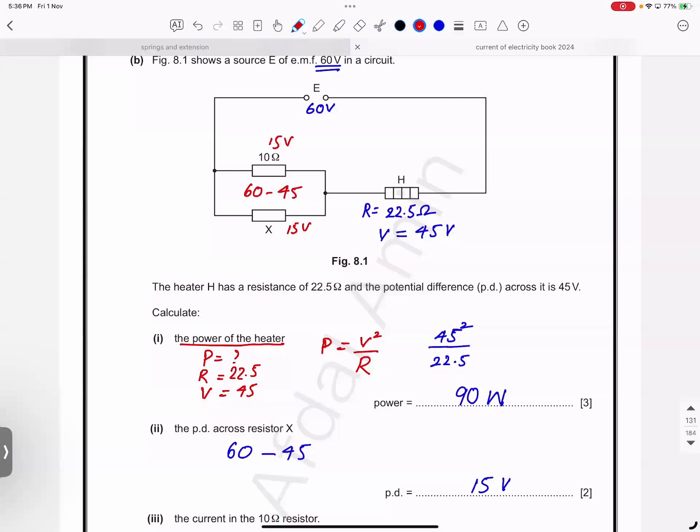In parallel, the voltage is the same, so both will be 15 and 15. We do not add the voltage in parallel. 15 plus 45 is 60. He's adding, I know how he got 75.